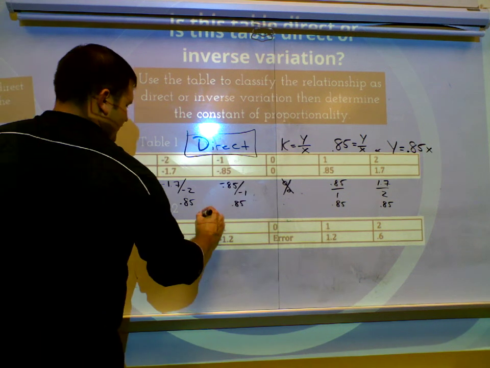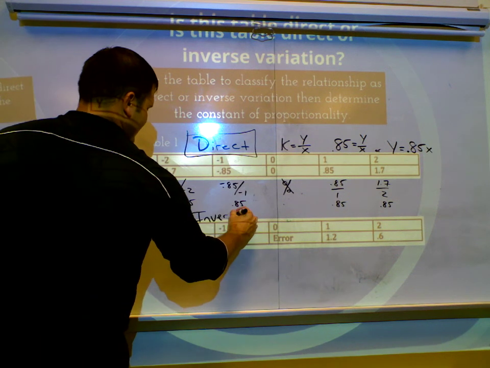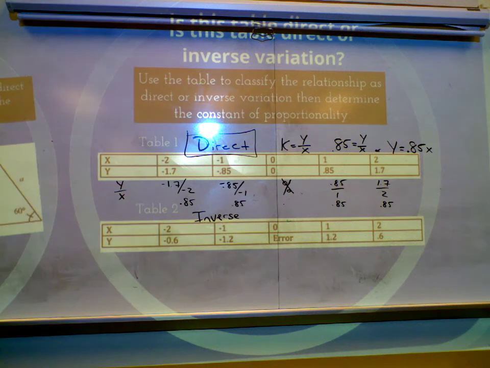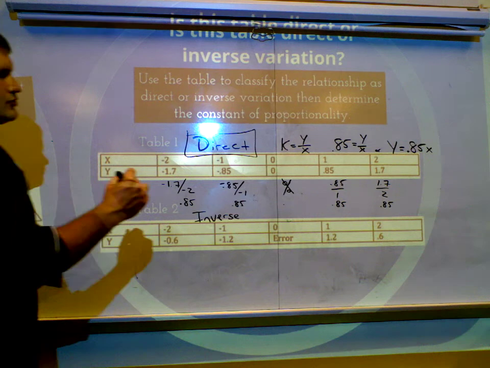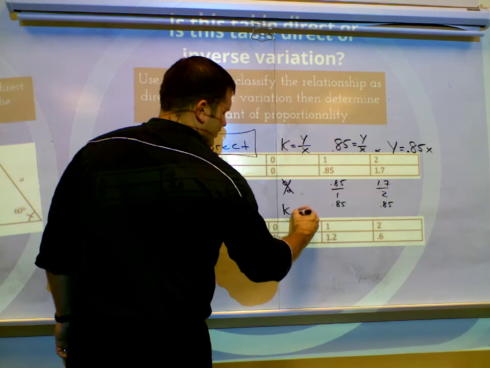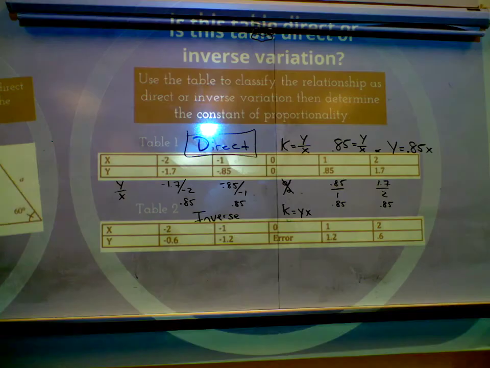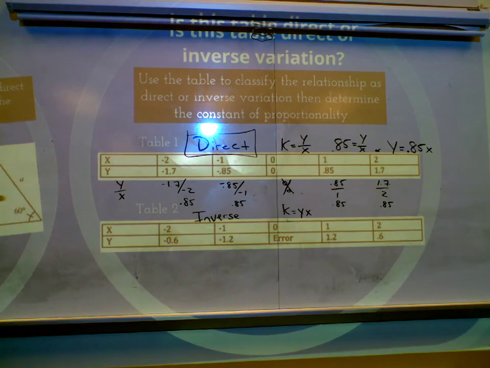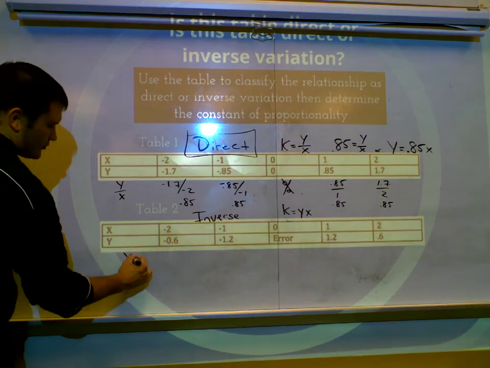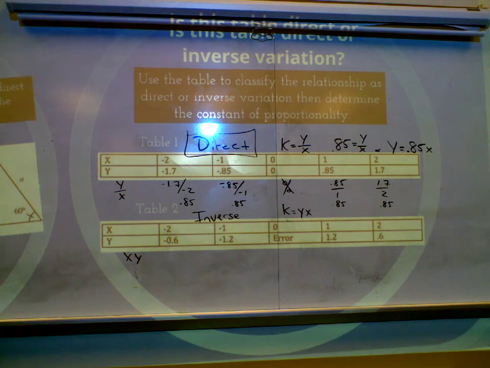So this one could be inverse, right? If it's inverse, what do I know about my k? What does k equal? K equals yx. So if I want to see if this one's inverse, what should I calculate? Good, multiply the top and bottom, right? We should do x times y. If we can do x times y and get the same number every time, then is it inverse?